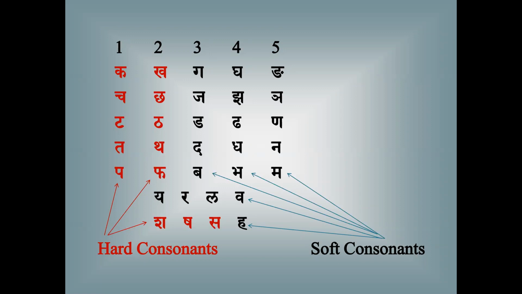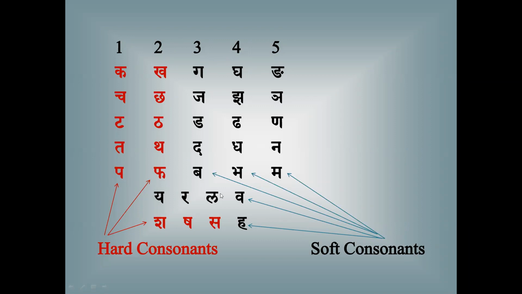This yara lava is not second, okay. The 1, 2, 3, 4, 5 is only for the first five classes, five groups. Don't think that yara, lava, the semi-vowels and sha, sha, sa, ha also come under that category. No, the 1, 2, 3, 4, 5 marked here is only up to pa, pha, ba, bha, ma.